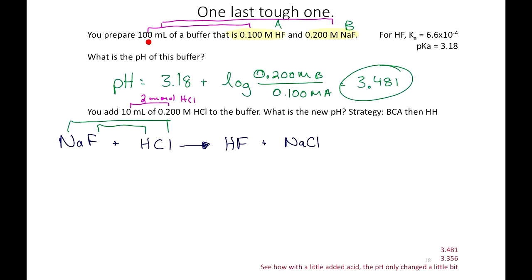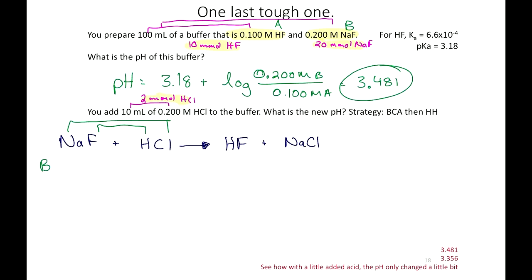So 100 milliliters times 0.1 molarity HF, there is 10 millimoles of HF present before the reaction. And then how many millimoles of the base do I have, NaF? 20. So 100 milliliters times 0.2 is 20 millimoles of NaF. These three numbers are going to go into our BCA table in the B line.